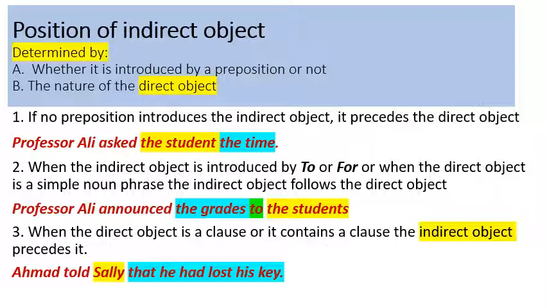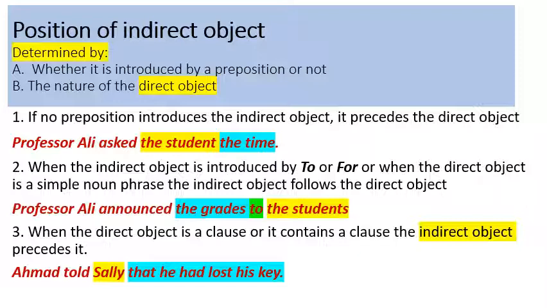Right, let's have a look. Professor Ali, which is the subject, asked, which is the verb, the student the time. Where is the direct object? Where is the indirect object? The indirect object, we said, is the one who receives the action. Okay?